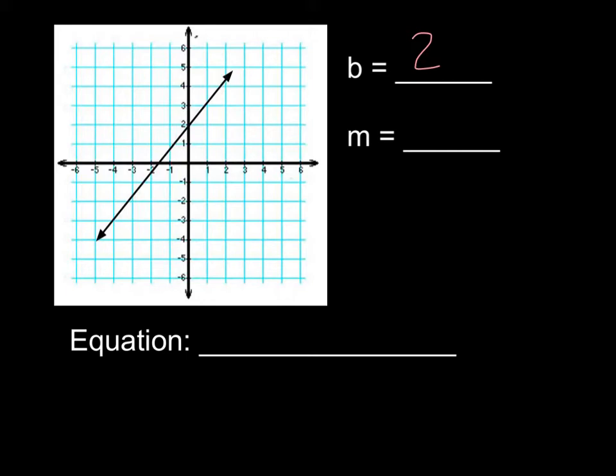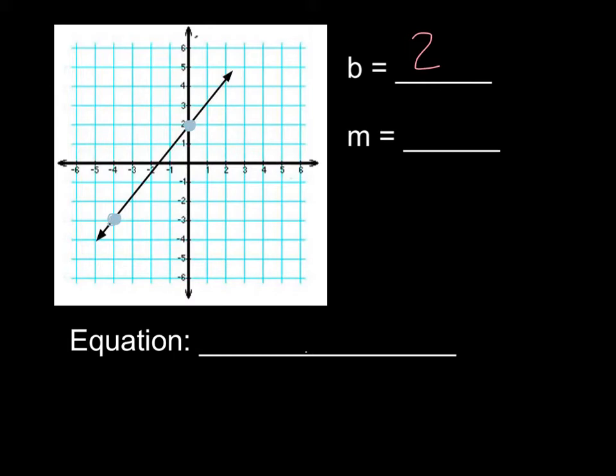Now I need to find a slope. I need to pick another point. We can draw the triangle and then determine what our slope would be. I'm going to look for a place where my line goes through my grid, through those meeting points. I have one point right here where my y-intercept is, and I have another point right here, my other point.